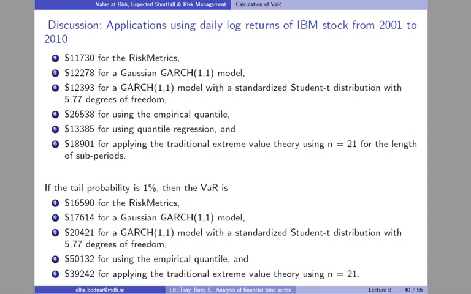For GARCH(1,1) model with a standardized Student t distribution with these degrees of freedom is this value over here. Empirical quantiles gives this. Quantile regression gives this. Traditional extreme value theory gives this. So big differences here really. If the probability is 1% instead, the values at risk are like this.